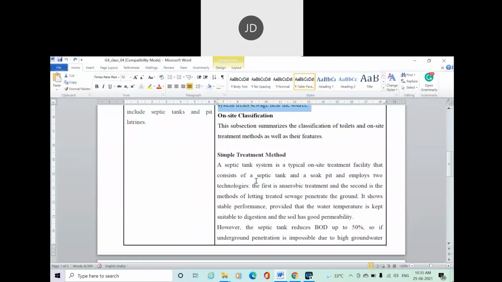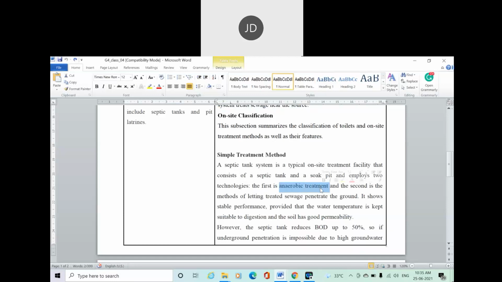So a septic tank and soak pit work as a two-stage technology. The first stage occurs in the septic tank, and that is anaerobic digestion, or anaerobic treatment.